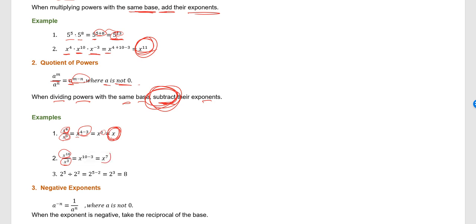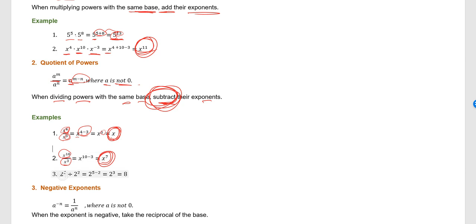So then we get x to the 7th power. So obviously, if it were not clear by this point, you subtract the second exponent from the first. So it's the first minus the second.